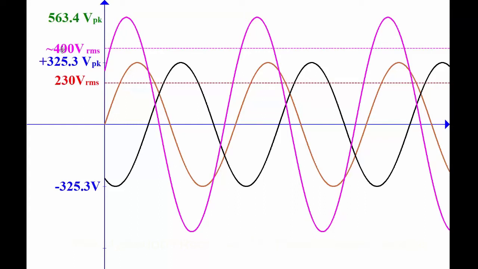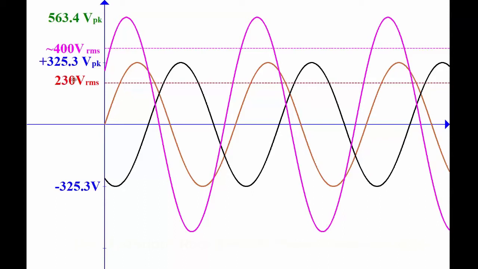This 400 was actually rounded up from 398 and a bit, but in the UK we just round it to 400 volts RMS. So what we can see is that if you do some sums, you work out 230 volts and do something with that 230 to arrive at 400.